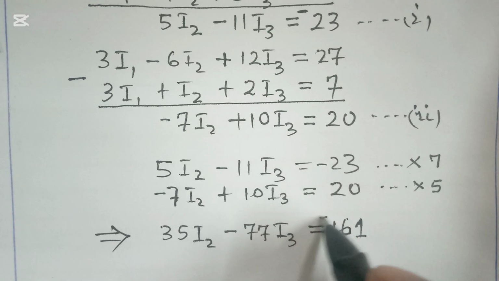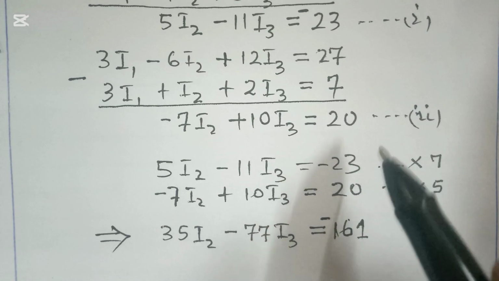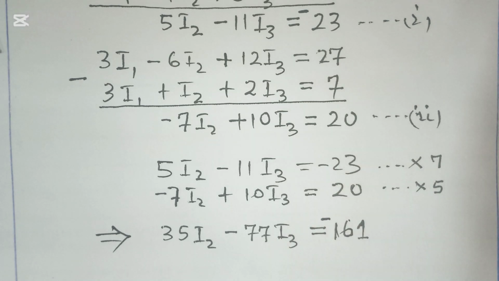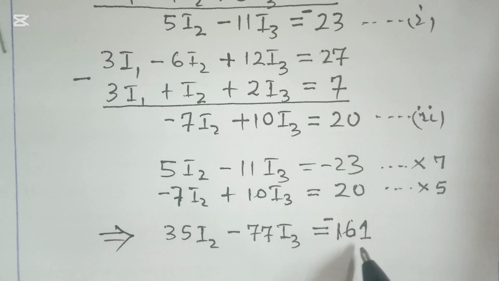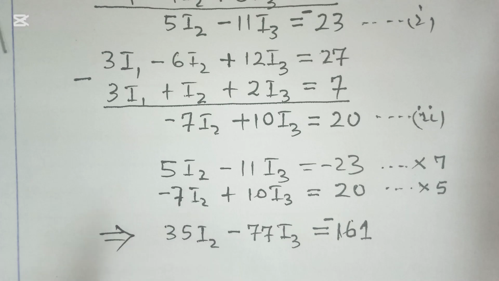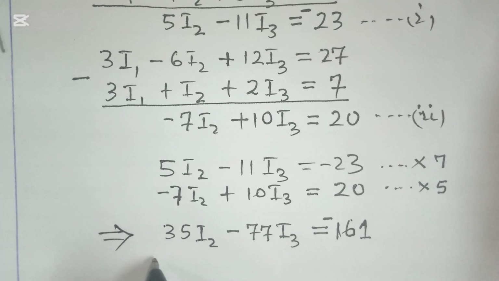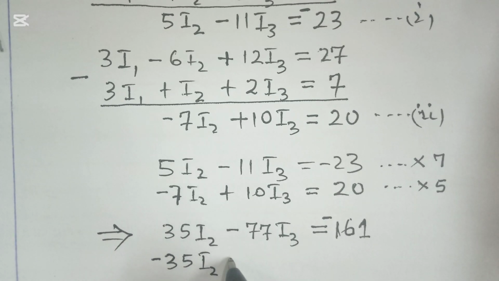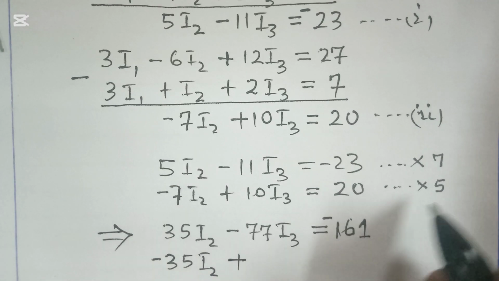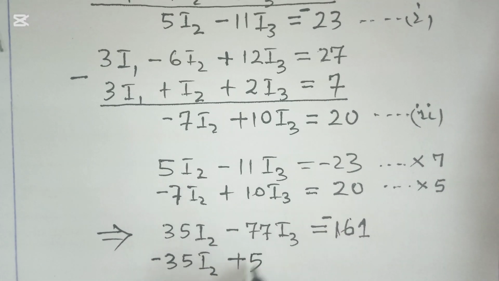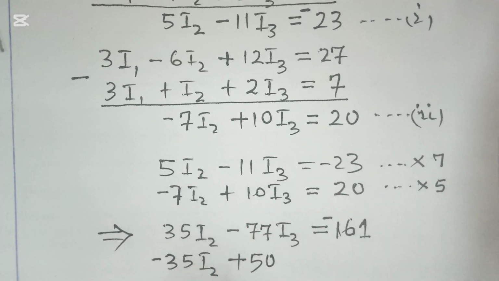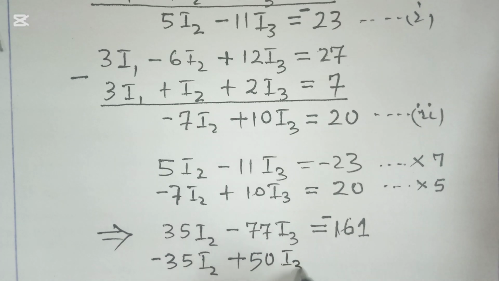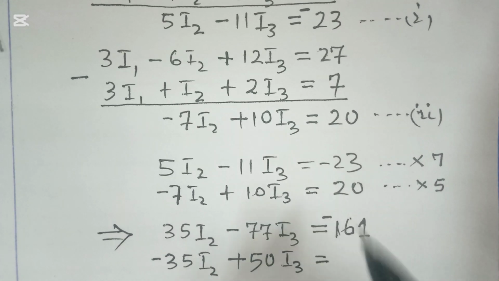That is negative. Guys, we have to check again and again. I think it's correct. We come now to this one, we shall get minus 35 I2. Then here we have plus 5 times 10 is 50 I3. This one now gives us 100.